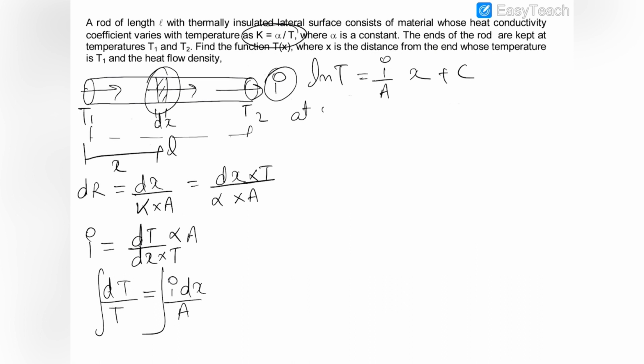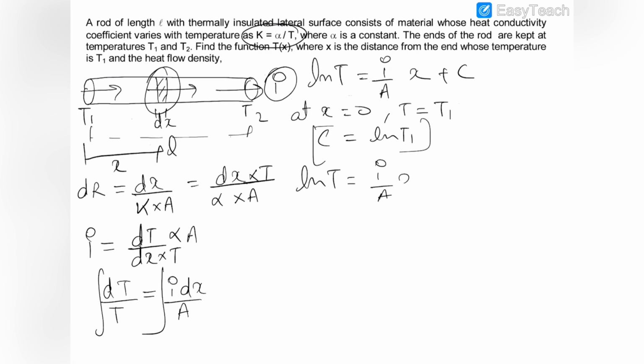Now at x is equal to 0, at this end the temperature is equal to T1. So C is equal to ln T1. You can substitute the values. So ln T is equal to I upon A into x plus ln T1. So I x by A is equal to ln T by T1.